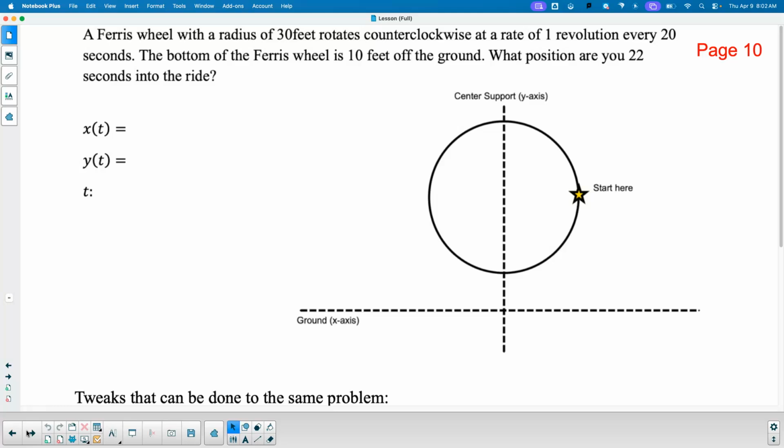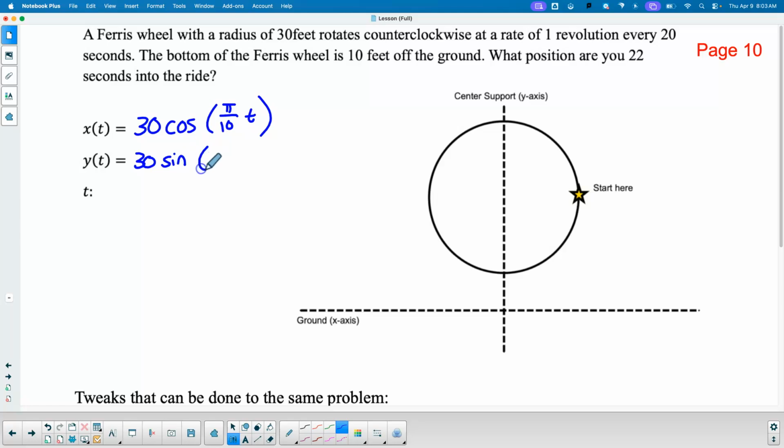So we had to do some adjustments to our function, and we ended up with a parametric function that was 30 cosine of pi over 10 times t, and 30 sine of pi over 10t, and then plus 40.